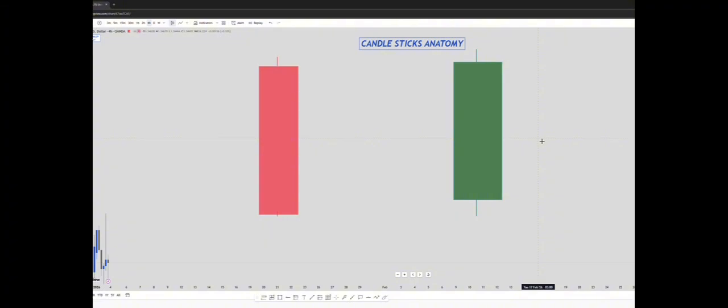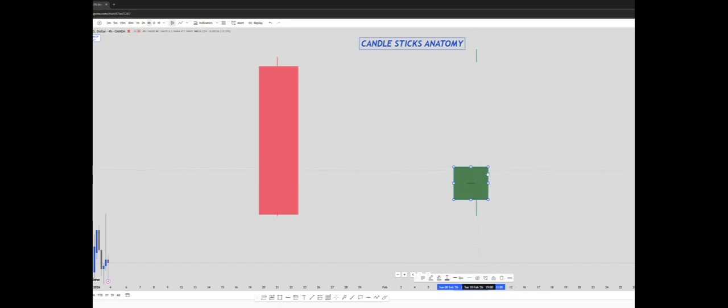So the smaller the candlestick's body, let's just say it's like this, the candlestick is small, very small, like this, it tells us that there is a low momentum in the market.